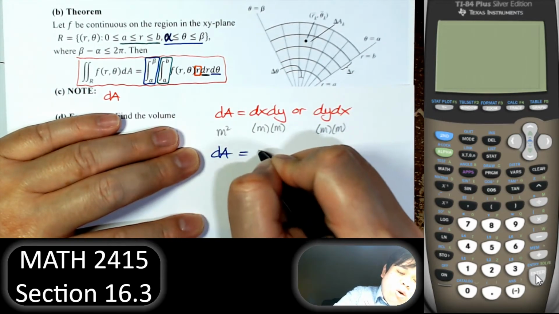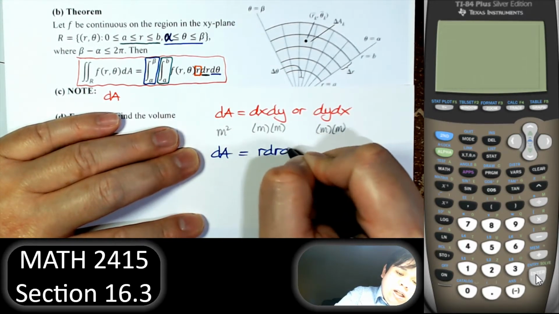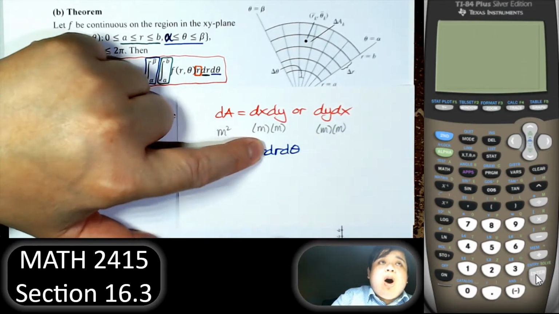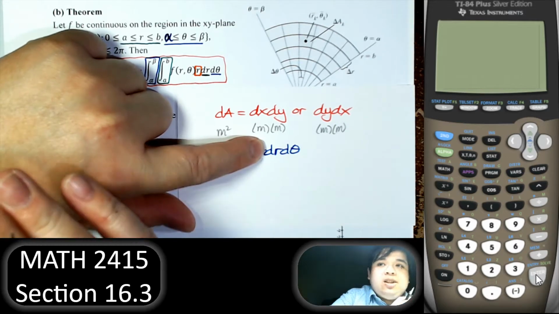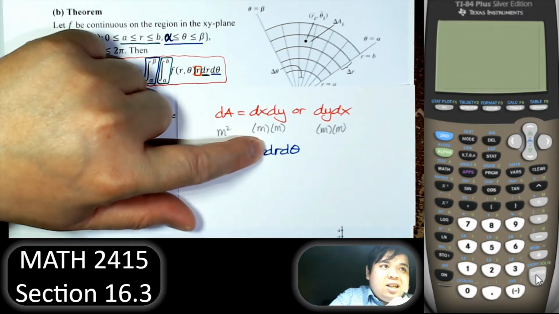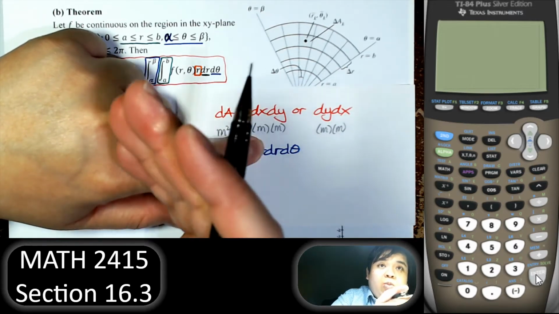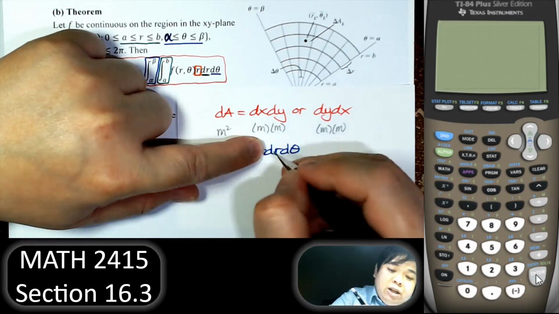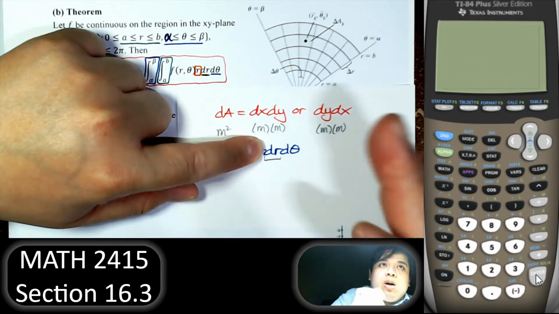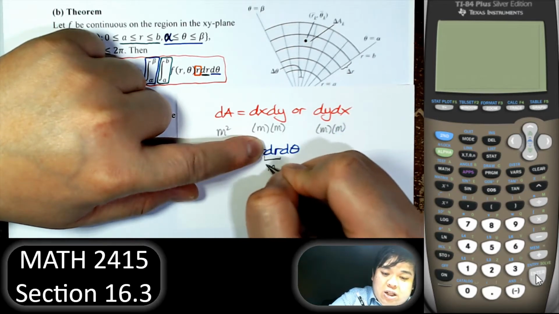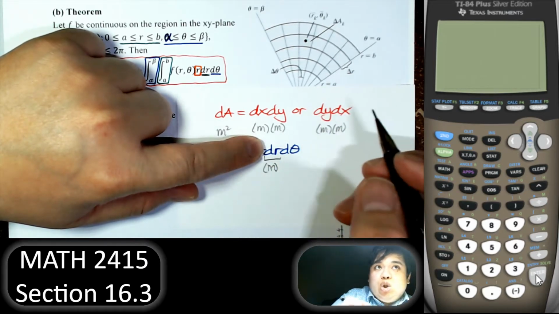Now suppose we write r dr d theta. The question is why r has to be there. Actually, when we go to section 16.7, we'll see why this r has to be here. But r is the radius, or distance, so the unit is meter, which is good.